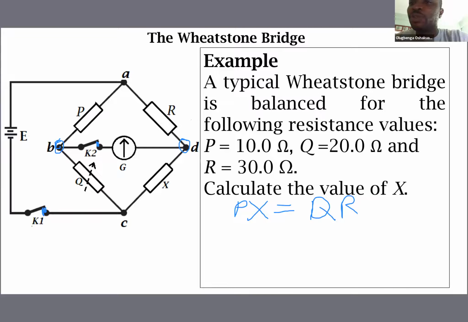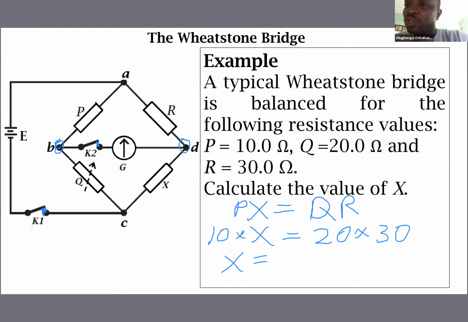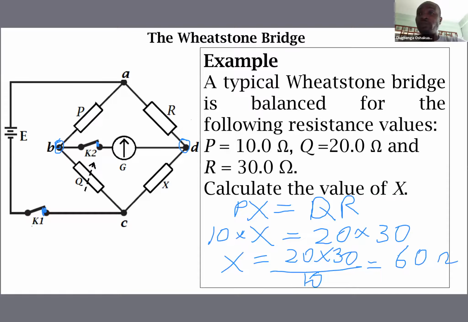Now P is 10 ohms, X is unknown, Q is 20 ohms, R is 30 ohms, then X will be 20 times 30 divided by 10. And that should give us 60 ohms.